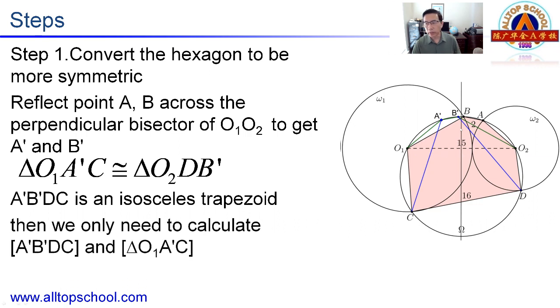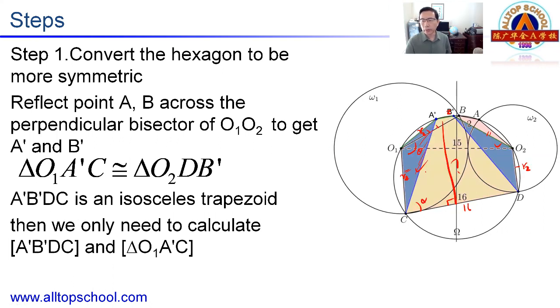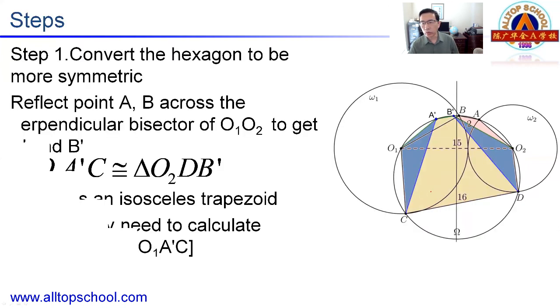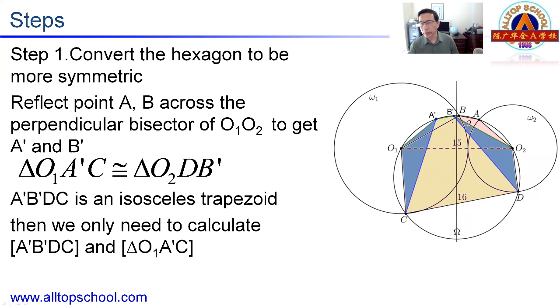From that, we can calculate the area of the trapezoid, and also the area of one of the congruent triangles. Let me get rid of this mess. Once we get the two congruent triangle areas and the isosceles trapezoid area, we're done.